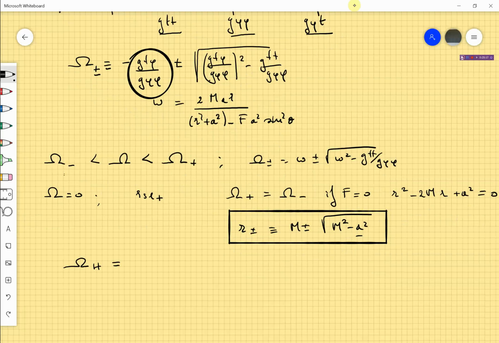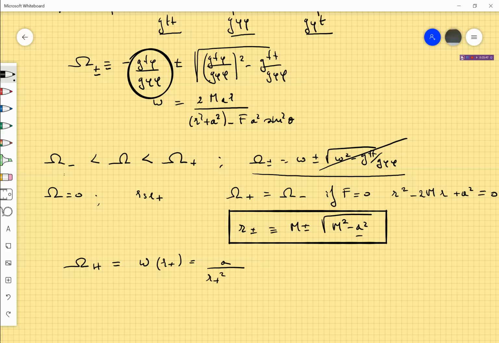So this will be the value of omega at r plus, okay, and this happens when both omega plus and omega minus are equal, so this must vanish. So this is really the value of small omega, and you can check that this is just a divided by r plus squared plus a squared.